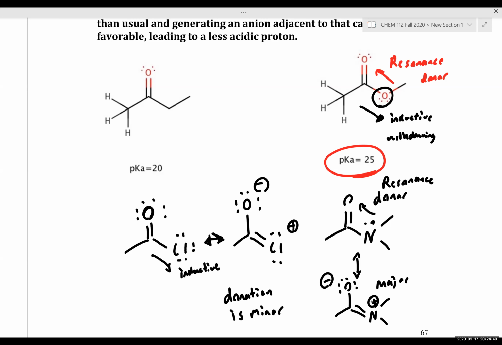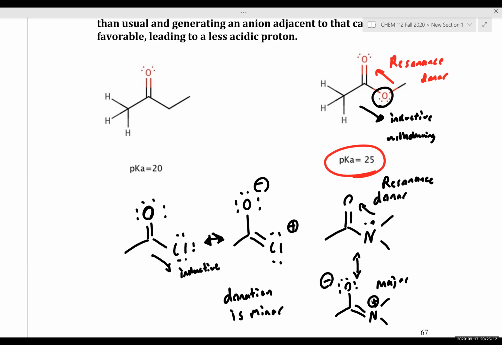So we have this push and pull dynamic between resonance effects and inductive effects. And the relative impact of resonance effects depends on the contribution of that resonance structure. For esters and amides, donation of electron density by our nitrogen or oxygen atom via resonance is significant because our resonance structures that we draw are relatively major.